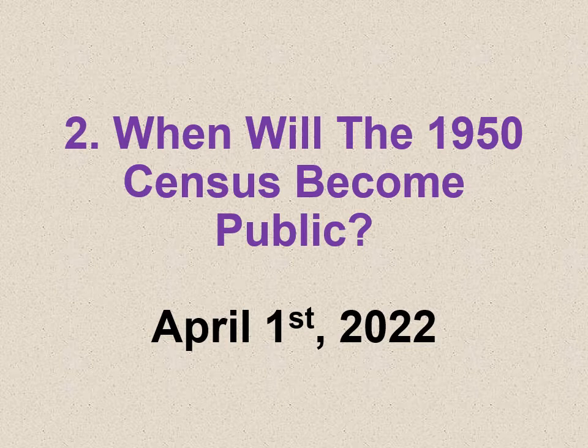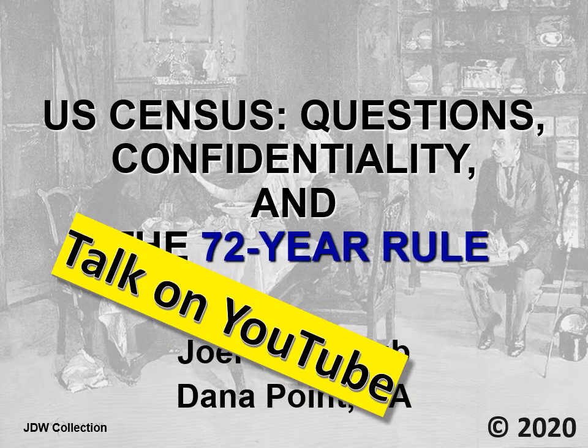Now, a lot of people think that the 72-year rule has something to do with life expectancy. It does not. And I have a YouTube video which looks at the history of that 72-year rule. It's about a 50-minute talk. So it has nothing to do with life expectancy.